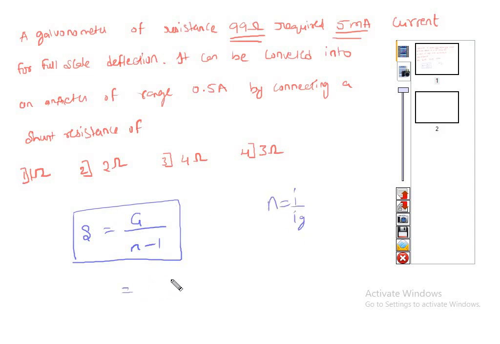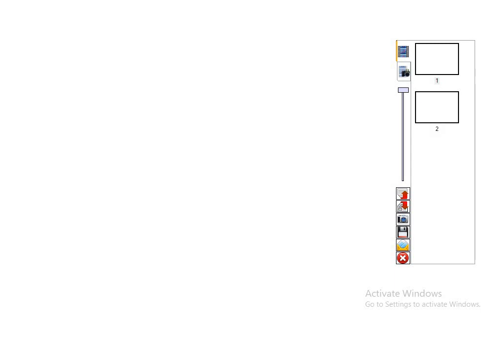Here we can write it as G. You know the value of G, that is 99, by n is I is 0.5 by 5 milliamperes. So 5 into 10 to the power of minus 3, minus 1. So this is what S. So if you simplify, it will be 1 ohm. So 1 ohm is the final option. So I hope it is clear. So let's go for the next question.